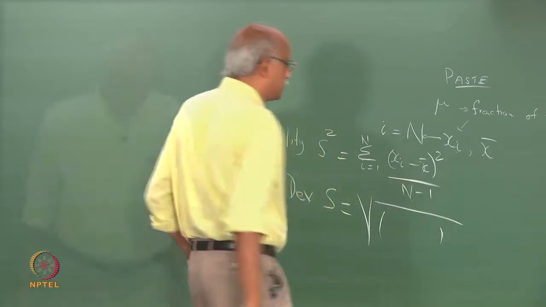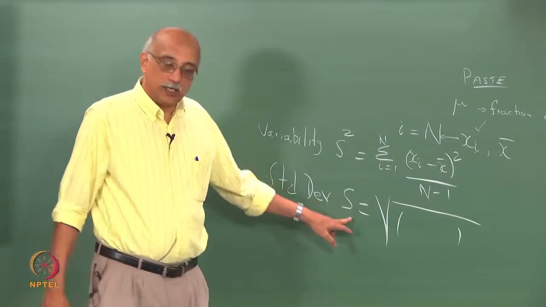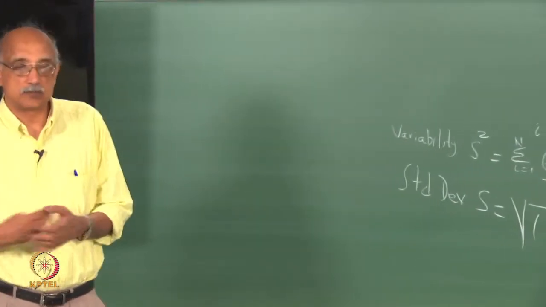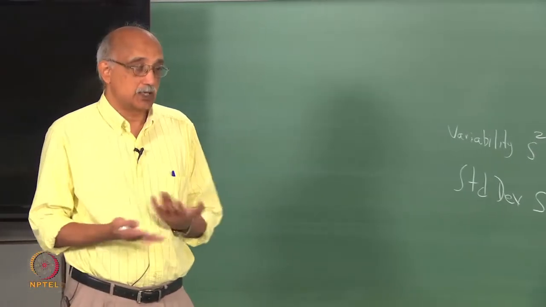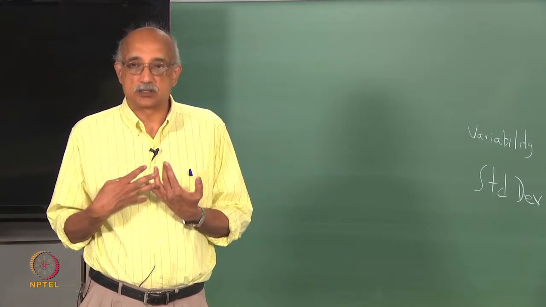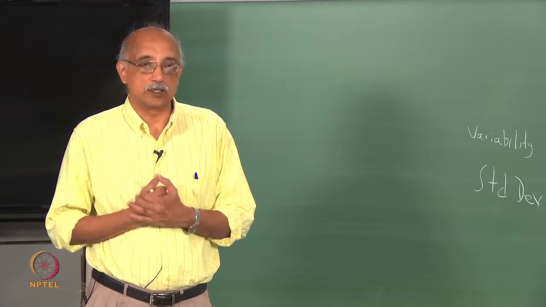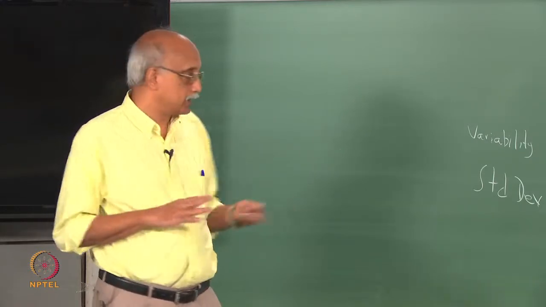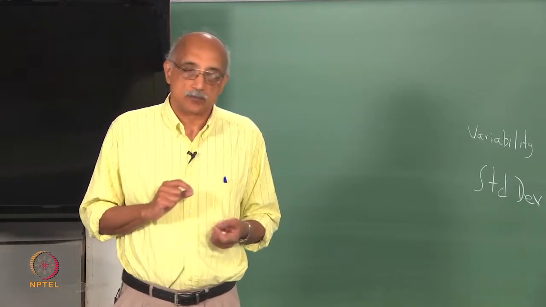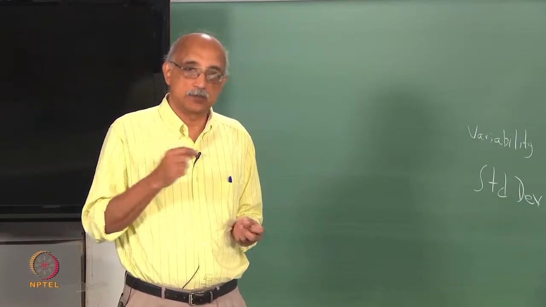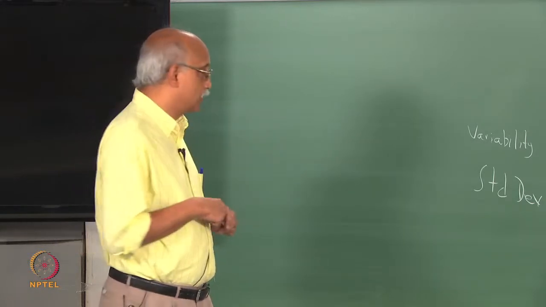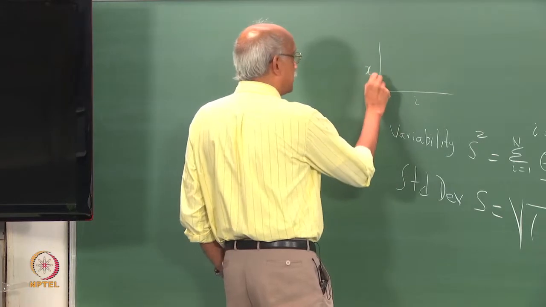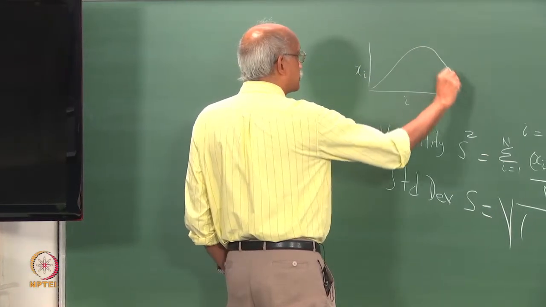You can look at this standard deviation as a measure of mixing effectiveness. The higher the standard deviation, the less well mixed the sample or the material is, right, because a higher standard deviation implies that the individual measurements of xi differ significantly from the mean value. And so, if you plot this as I versus xi, this may have a distribution that looks like this.